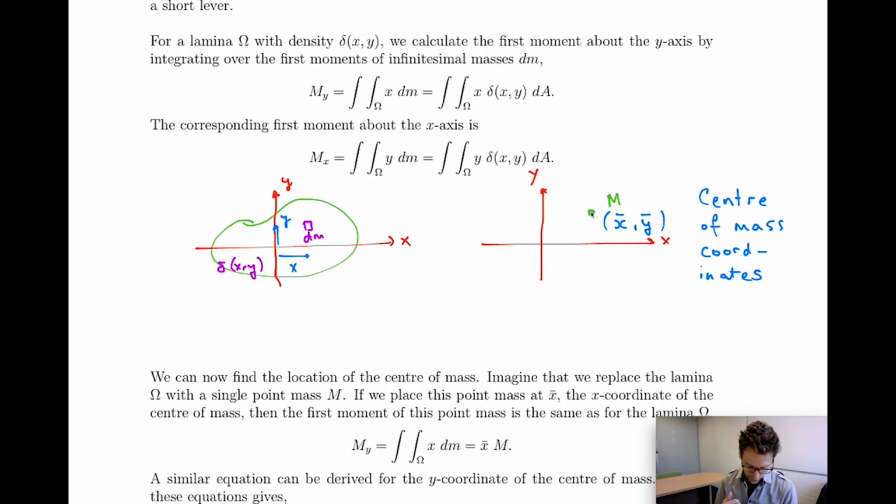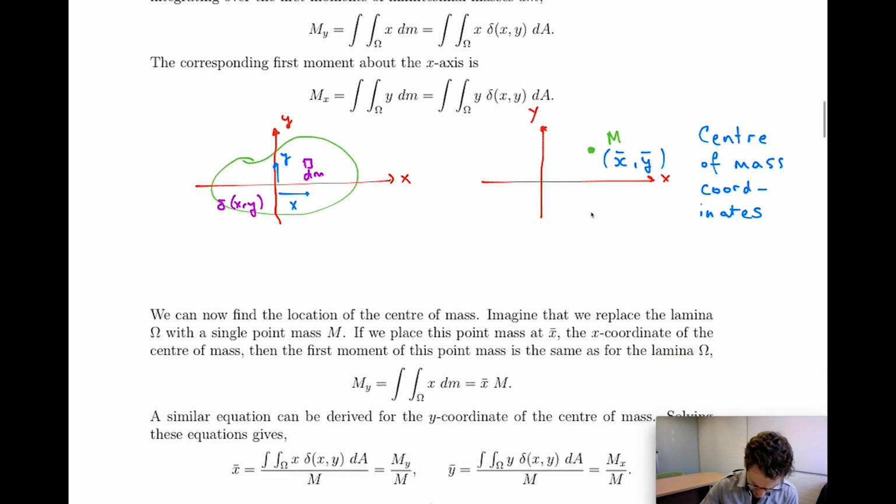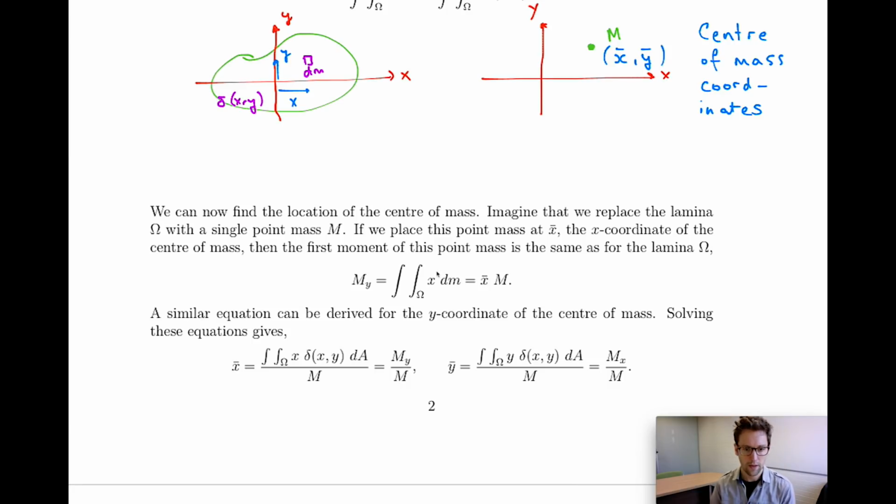What we're going to do is imagine putting all of the mass at that location and then calculating the corresponding first moment. The first moment of this point mass about the y-axis is given by the distance in the x direction times the mass, and that has to match the corresponding first moment of this object.